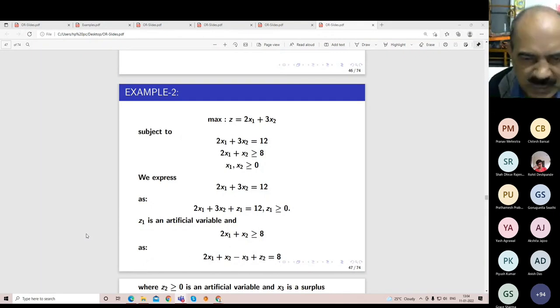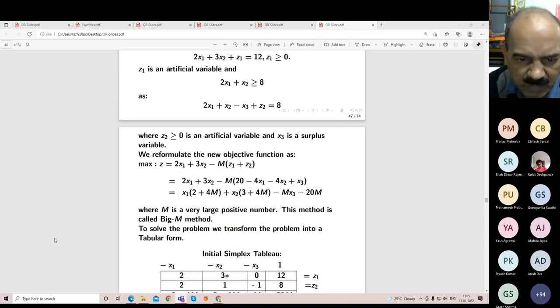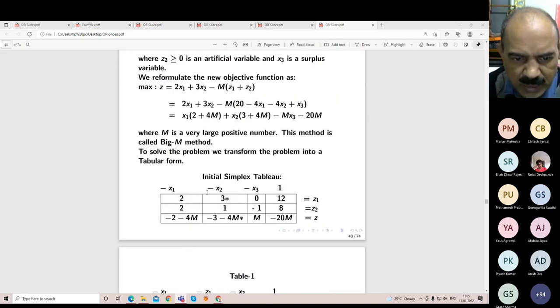We have introduced 2 artificial variables, making 4, and 1 surplus variable, making 5. Out of the 5 variables, how many will be basic variables? There are 2 basic variables, namely Z1 and Z2, and the rest 3 are non-basic variables. So in the table, the non-basic variables are x1, x2, x3, and the basic variables are Z1 and Z2.